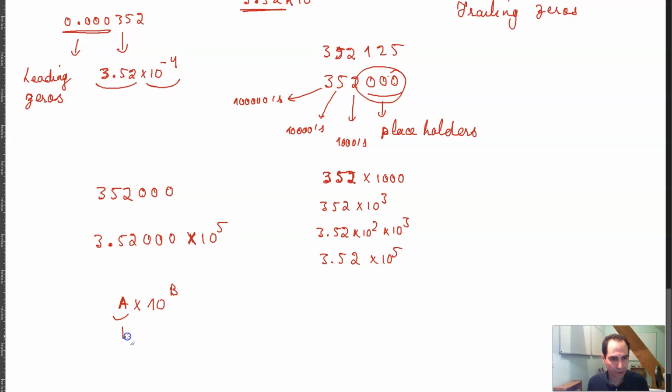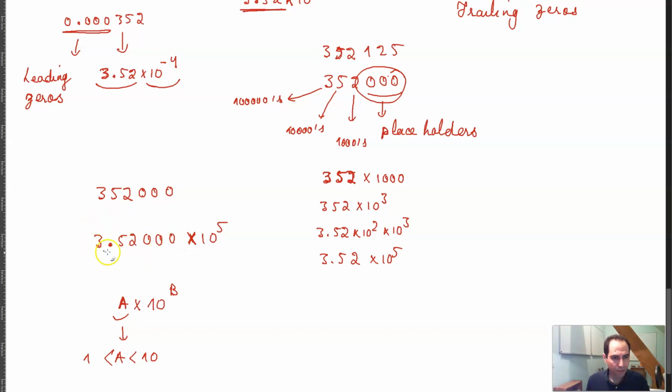This a has to be some number between 1 and 10. As you can see, I haven't written this as 35.2000. I have written it as 3.5 so that it becomes a number between 1 and 10, not greater than 10, not less than 1.